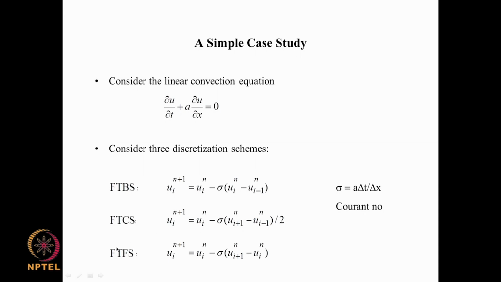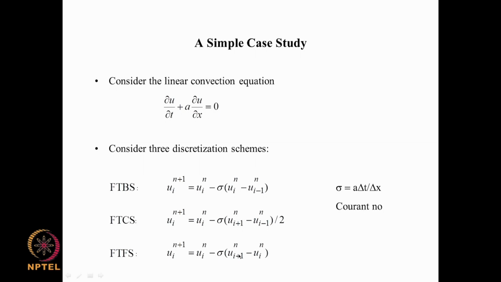And the other possibility, we can consider many possibilities, but let us consider another one in which instead of using a backward differencing, we use forward differencing even for space. So, this will be given as ui plus 1 minus ui divided by delta x. So, that will give us ui n plus 1 equal to ui n minus sigma times ui plus 1 minus ui n.